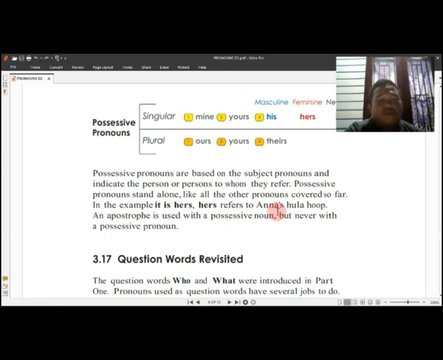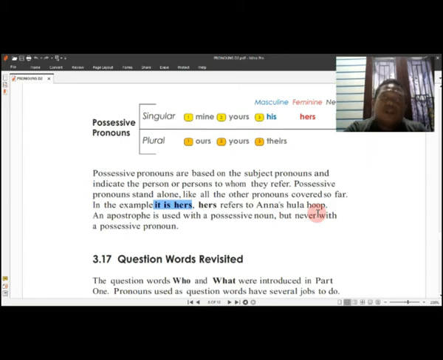An apostrophe is used with a possessive noun, but never with a possessive pronoun. So this example is it is hers. Another example. It is Anna's book.